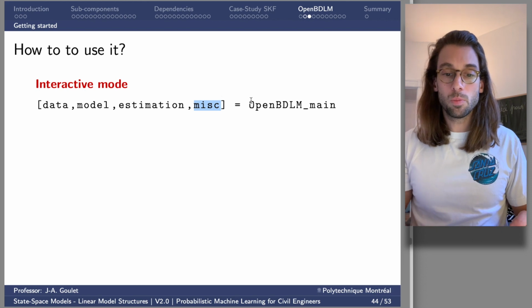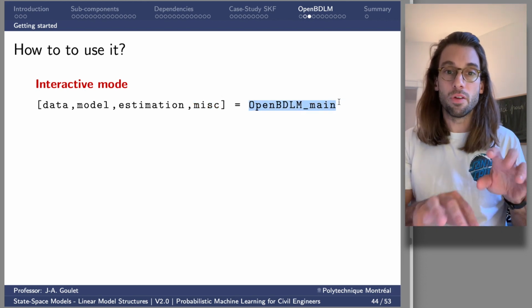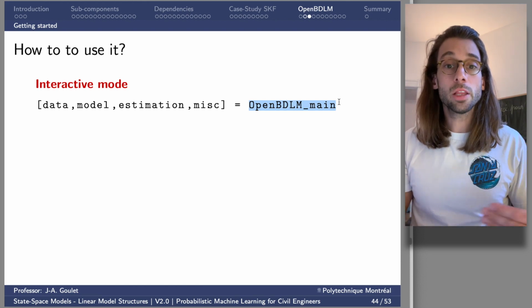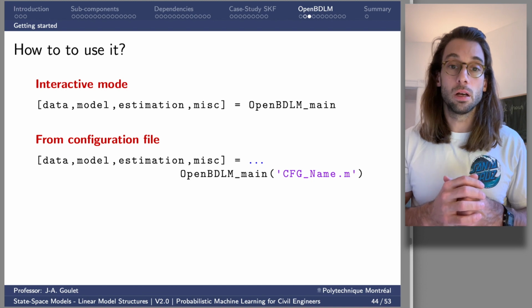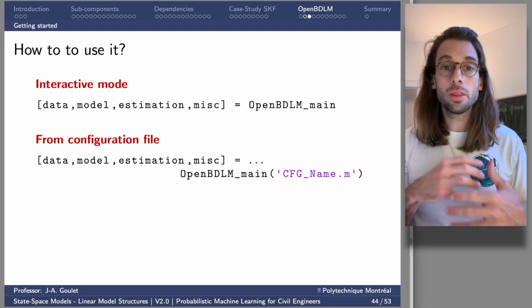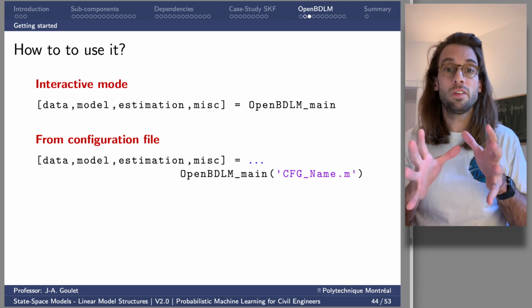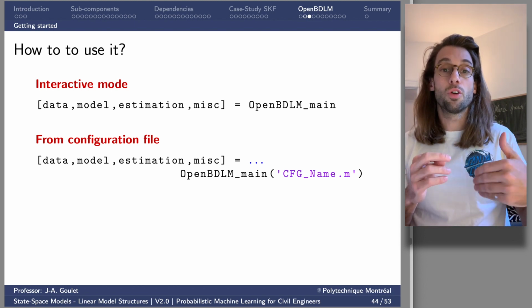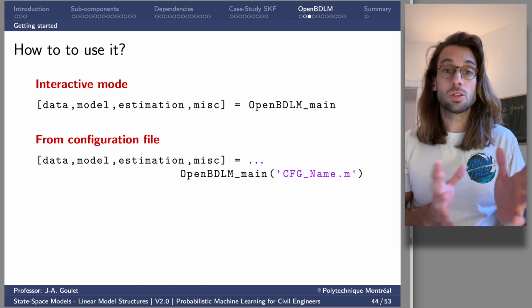So this is good, but it is really long to use because you have to manually enter everything you want to do. If you want to automate and accelerate the processing, you can work with config files. At the end, you're going to see all the models are very similar to each other. So you can directly build a config file and either use it for your own purpose or share it with someone you're working with.